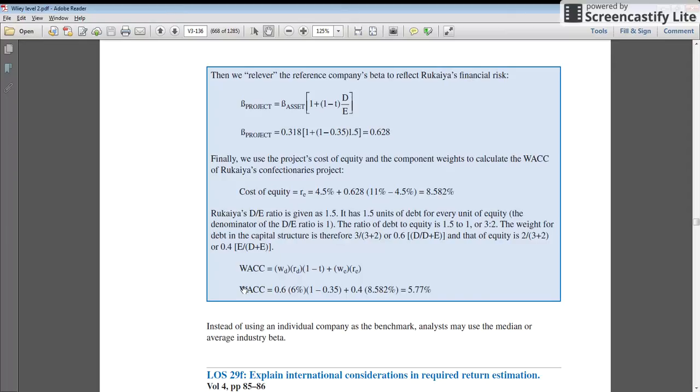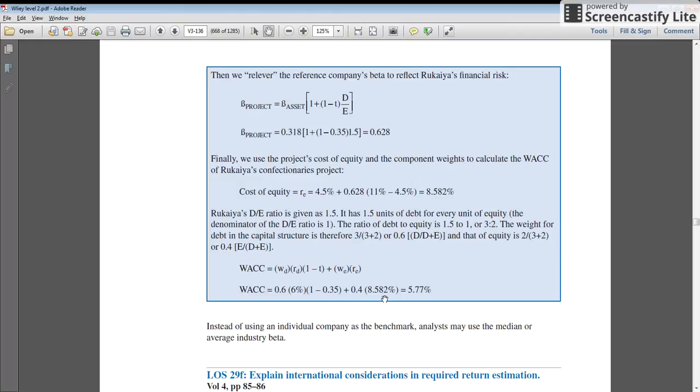Now, finally, the formula for the weighted average cost of capital comes out to be, so this part is the debt component and this part is the equity component. So as you know that this company has a debt to equity ratio of 1.5, which means 3 parts debt to 2 parts of equity. On the basis of that, you can calculate what the debt to capital and equity to capital ratios are, which are, so the debt to capital ratio is 0.6, while the equity to capital ratio is 0.4.